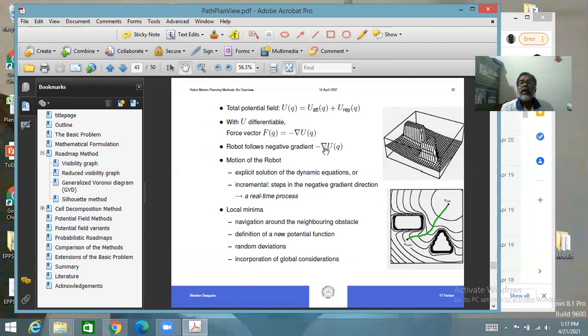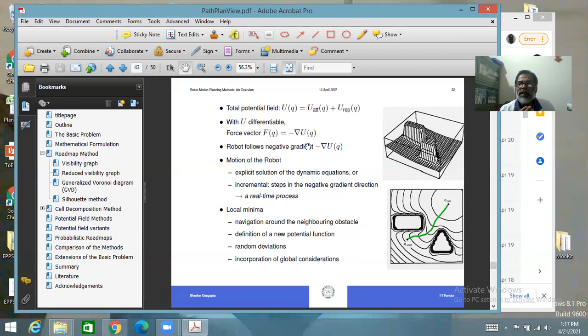Then that goal point behind the wall will attract you, and the obstacle itself will repel you when you come very close. Okay. As long as you are not very close, that will not have any effect. So you start coming closer, closer, closer, till you come to a point where that will also start repelling you, and the goal is still attracting you. So you will go a little further.